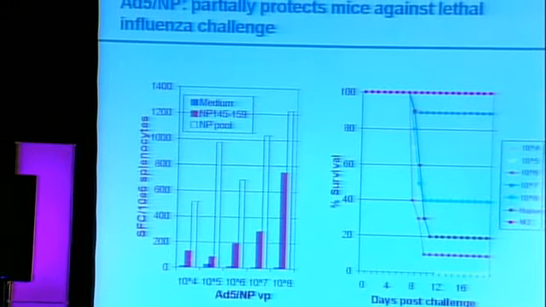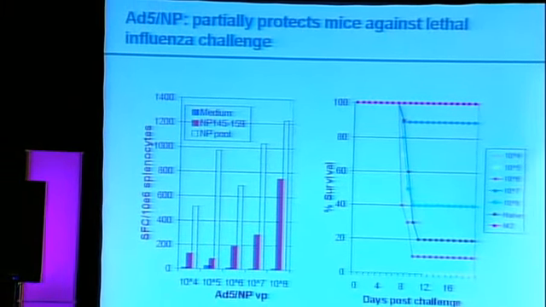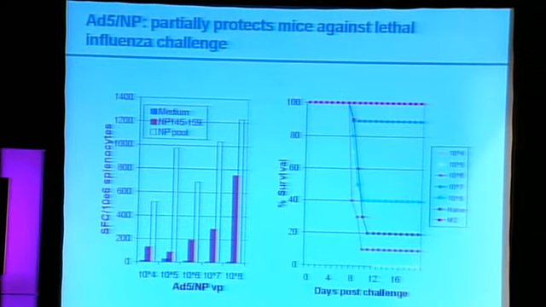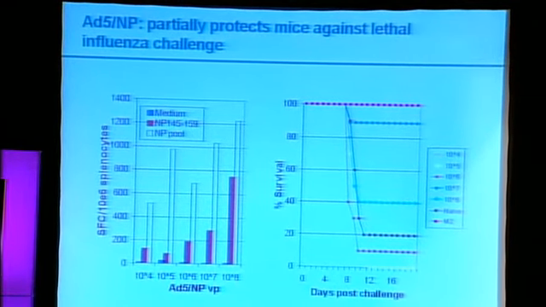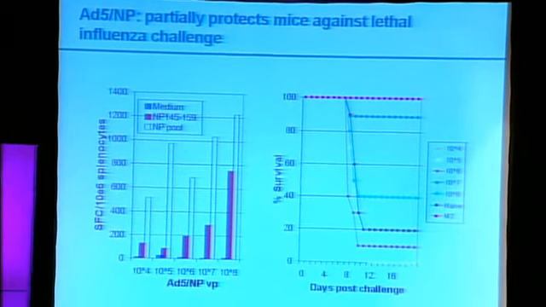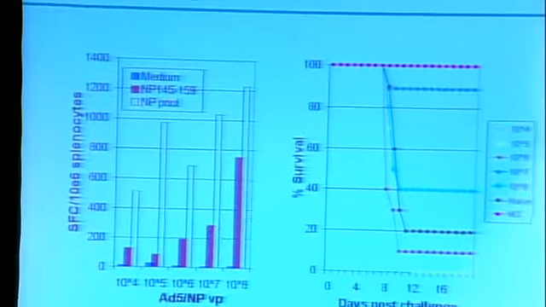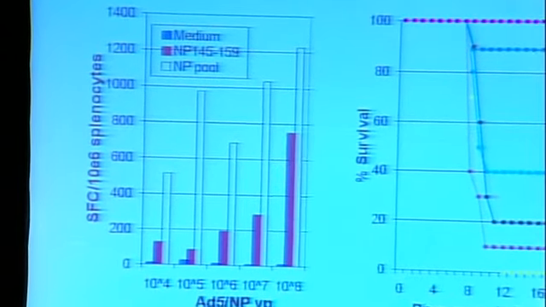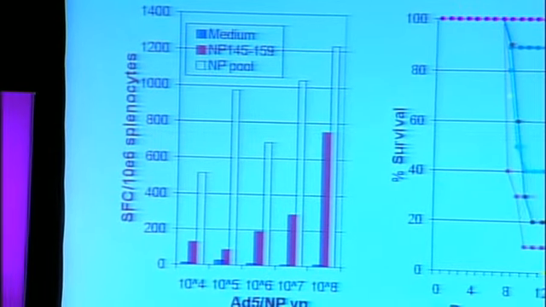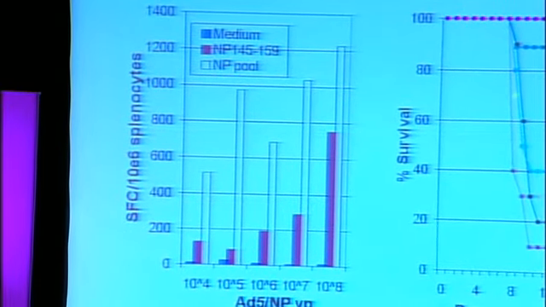The mice were immunized with different numbers of particles, 10 to the 4th to 10 to the 8th particles, and responses were measured against splenocytes for a CTL epitope or a peptide pool. You can see there's a very nice dose response. Actually, the response is quite robust.